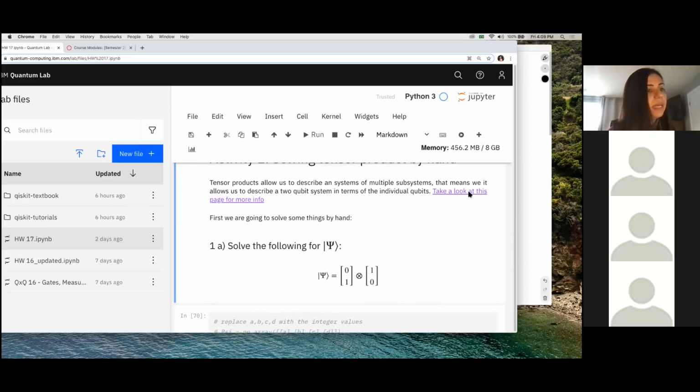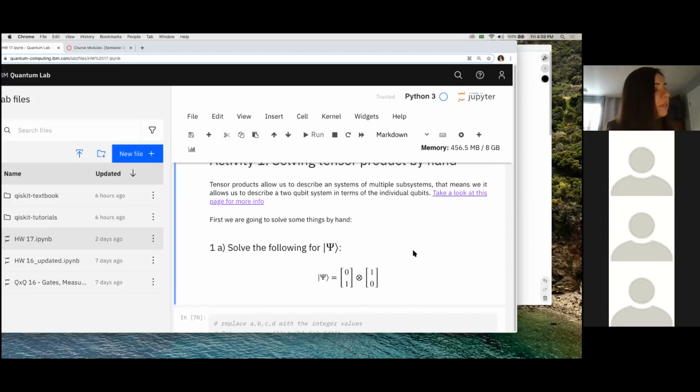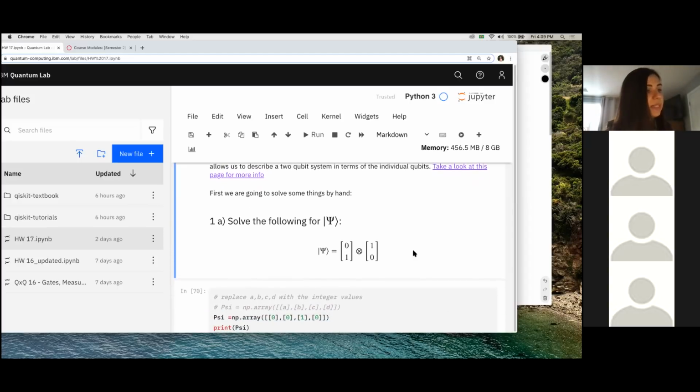There's a link to a page that explains better what a tensor product is, but I'm going to show you how to do it. First, we are going to solve some things by hand. It's important that we practice by hand so in the future you understand what you're doing and don't get lost. It's a simple operation.